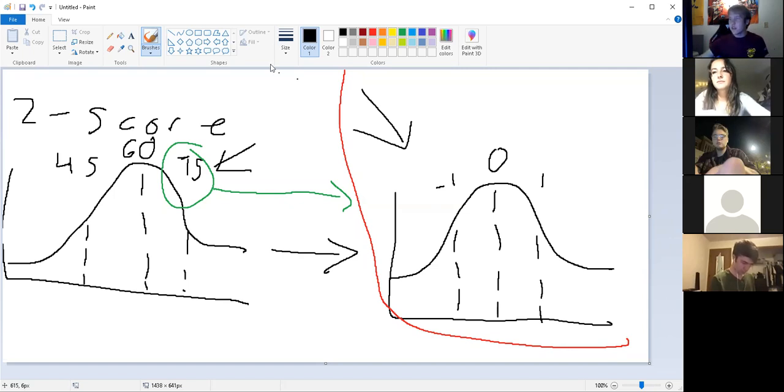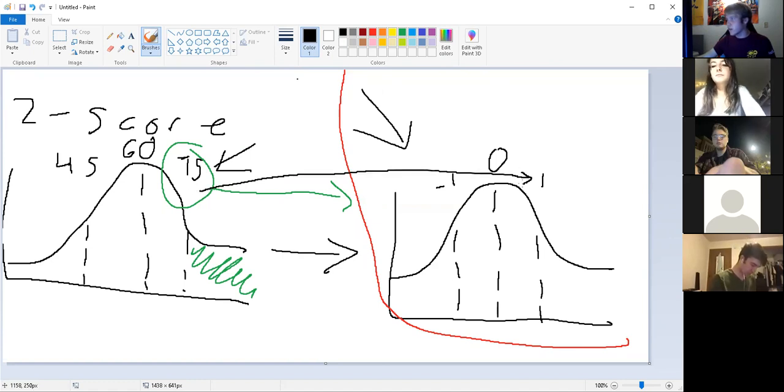So the question would be asking, in the green graph, how many of the scores are above this 75 here. So what you would do is you'd convert your 75 to the z-score, and then the z-score in the back of the book, you can look up and it just tells you the percentage. Okay.